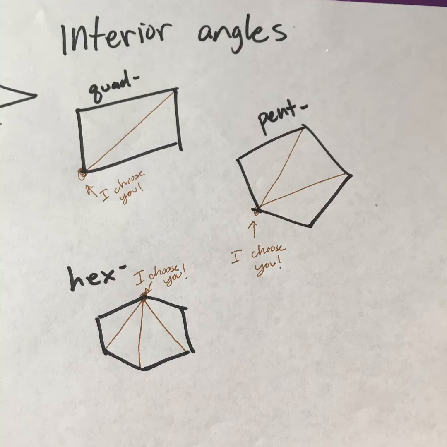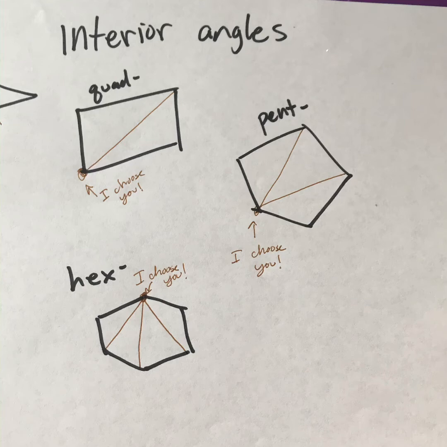What you will discover in this process, as we start to separate these many-sided figures into different triangles, is that every time we increase the number of sides, we add another triangle. So a quadrilateral can be split into 2 triangles, a pentagon split into 3, a hexagon split into 4, and so on and so forth.